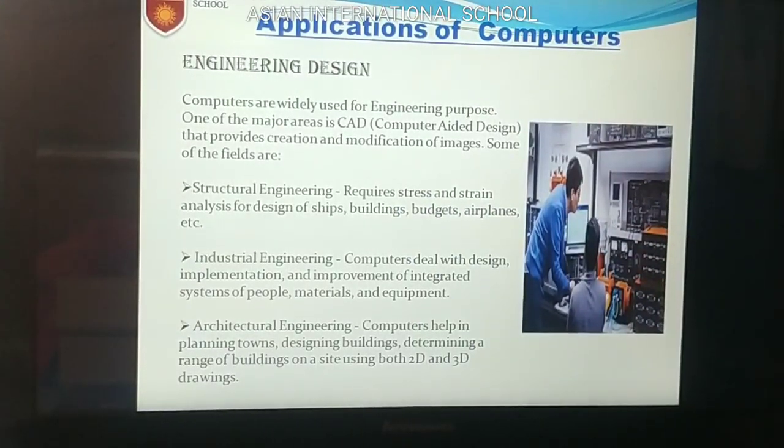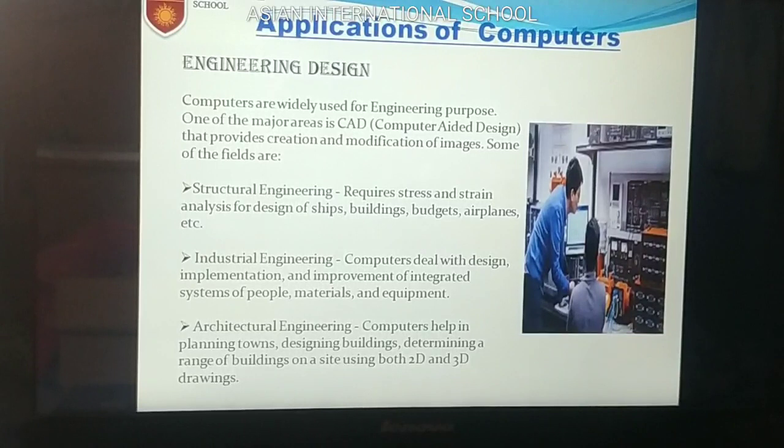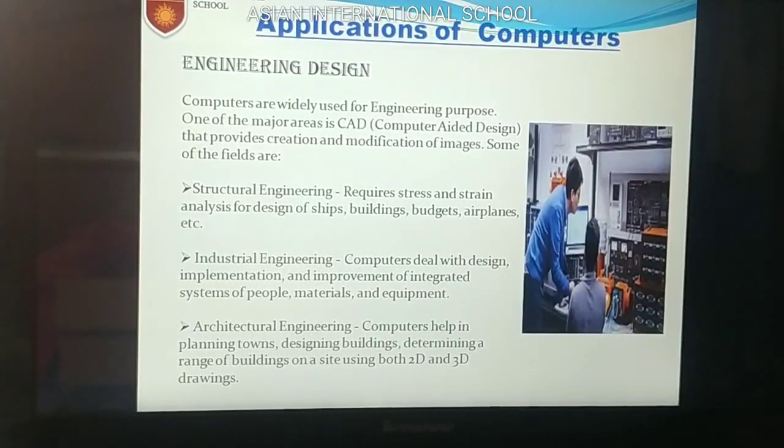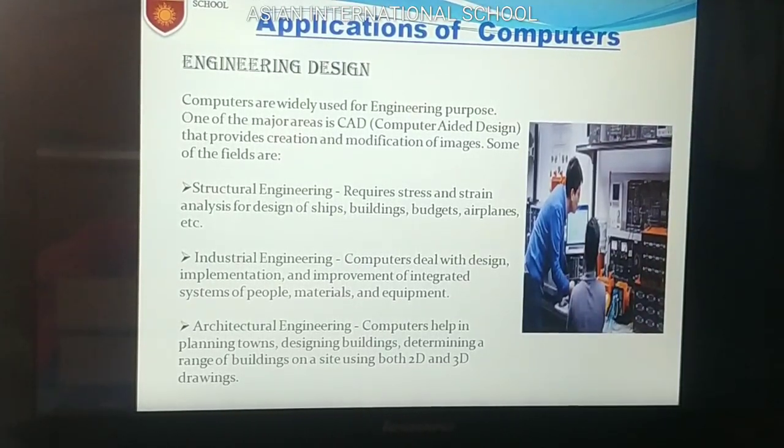In engineering also, computer is widely used. Computer aided designs are used in structural engineering, industrial engineering and architectural engineering. That means when we need to make a ship or building, we need planning, or a structural design, and that is made by the computer.